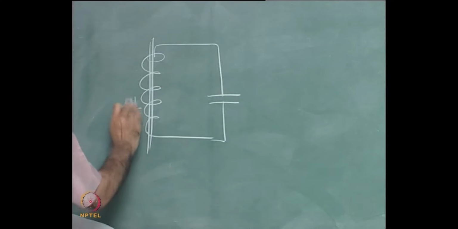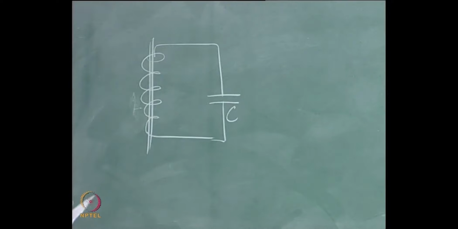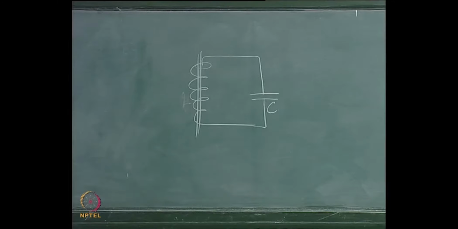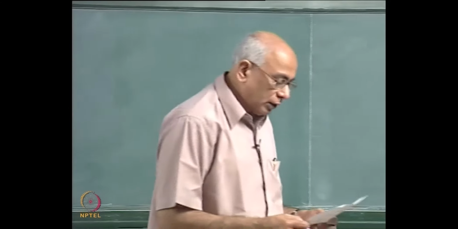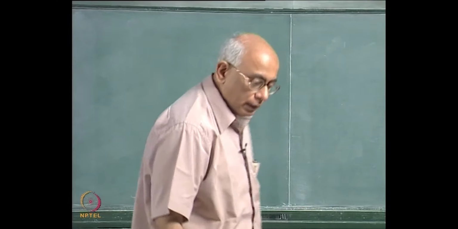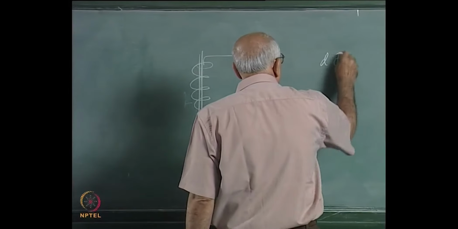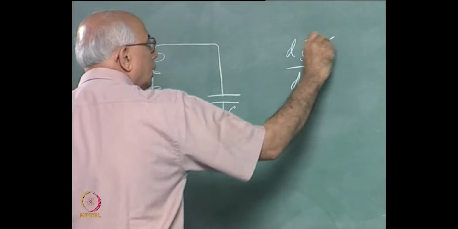So this is L, it is an LC circuit, and this is the capacitor C, and you are told that the flux through the core is phi of I, a nonlinear function of the instantaneous current I in the circuit. Okay. Now the back EMF, as you know, is d phi over dt. This is the back EMF.